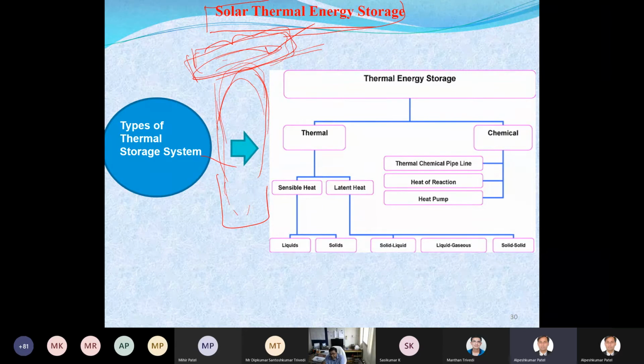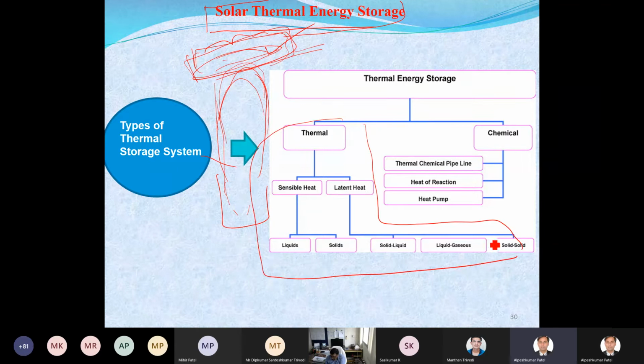But as far as low temperature is concerned, the research is going on, because we also need an efficient storage. That storage is further classified as thermal and chemical. Most of the work is going on in the thermal aspect. Under the thermal aspect, there is sensible heat storage, which is very simple, and another is latent heat storage. So this is phase change.